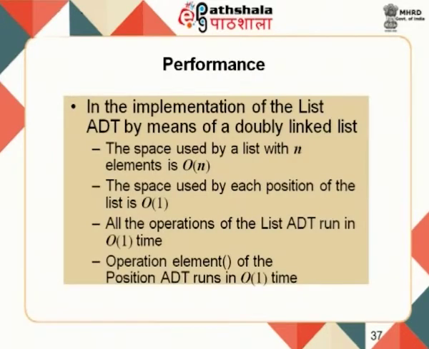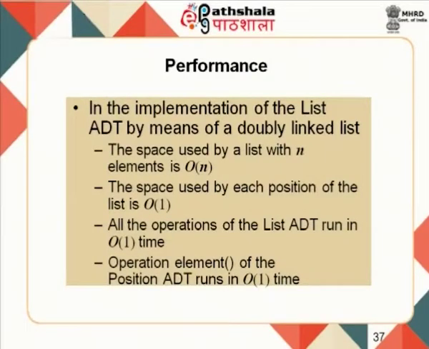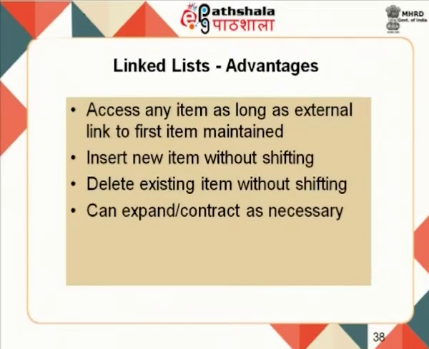Now, in the implementation of the list ADT by means of a doubly linked list, the space used by a list with n elements is n, and the operations of insertion and deletion take limited time. Advantage is you can access any element as long as the external link to the first item is maintained. Insertion of a new item does not need any shifting, that is the important part. So, if your list ADT has a number of insertions and deletions, this is the best implementation.